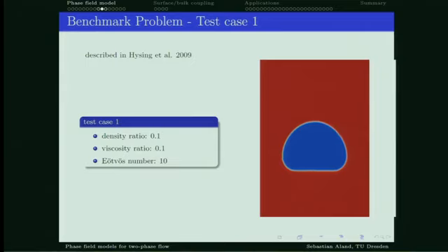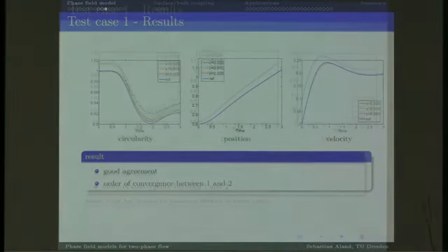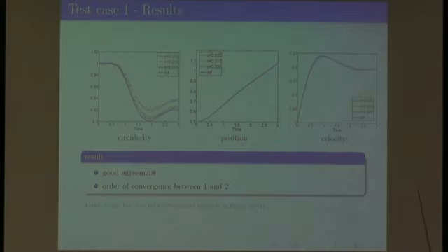And what you see here is the phase field, right? So red is where the phase field is equal to 1, and blue is where the phase field is equal to 0. Then you can measure a lot of quantities there, for example, the circularity of the bubble, the position of the bubble, or the velocity of the bubble.